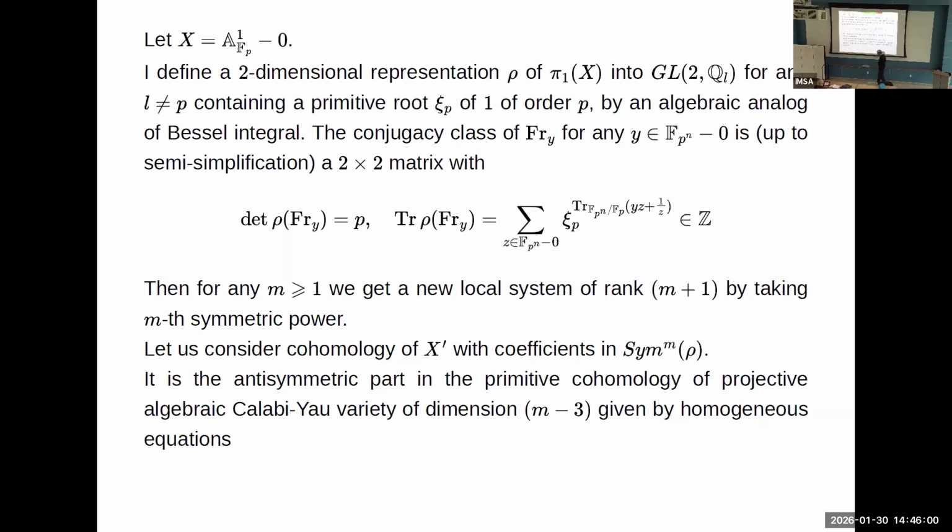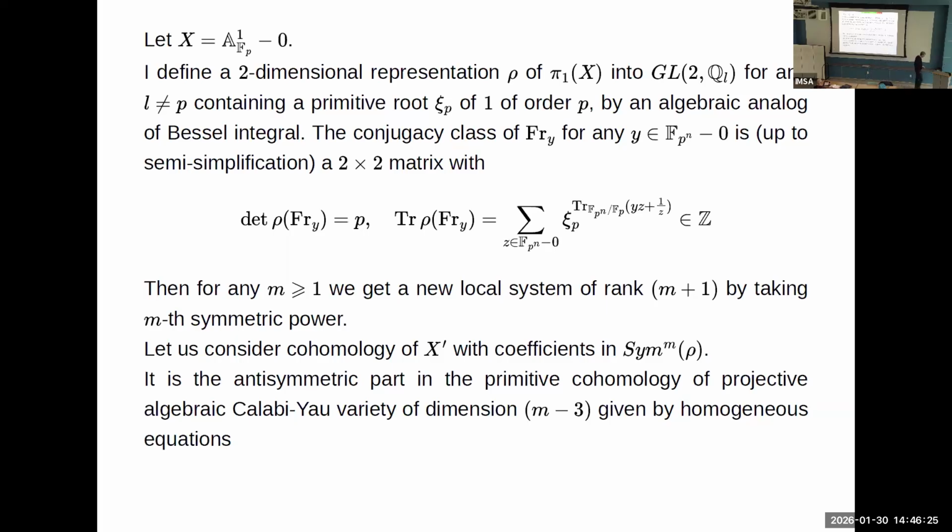So it's a rank 2 local system, and what one can do is make many new local systems by taking symmetric powers. Determinant is a kind of trivial story, but for SLn you get interesting representations, symmetric powers of the two-dimensional representation. So for each m we can make the m-th symmetric power, of rank m. And now consider cohomology with coefficients in this symmetric power.